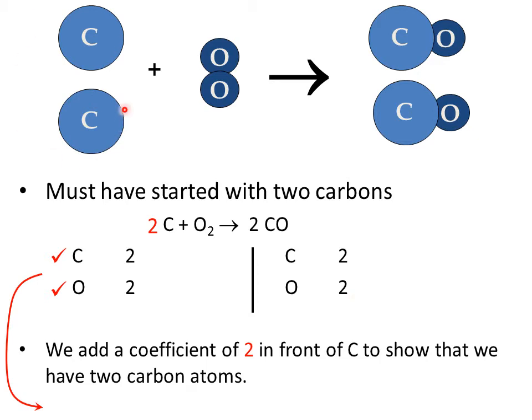If we want to look at the visual to make sure, we've got 2 carbon atoms here. We've got 2 carbon atoms here. We've got 2 oxygen atoms here. And we've got 2 oxygen atoms on our product side. So everything is balanced. So now we have a balanced chemical equation, and that's how you write this particular equation, balanced. So we're saying that we have 2 carbon atoms plus an oxygen molecule yielding 2 carbon monoxide molecules.